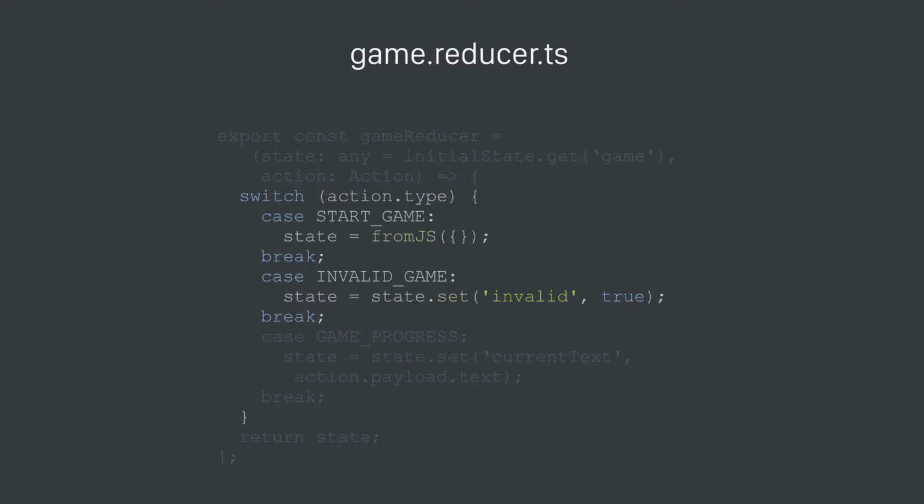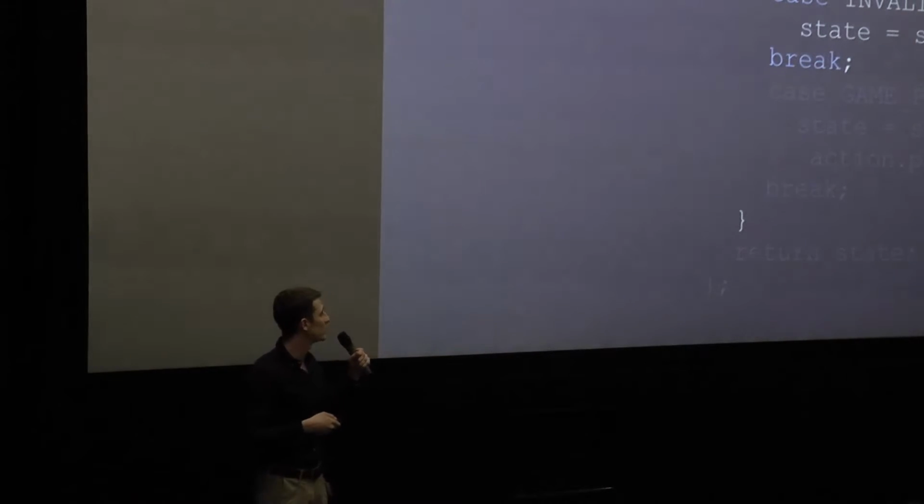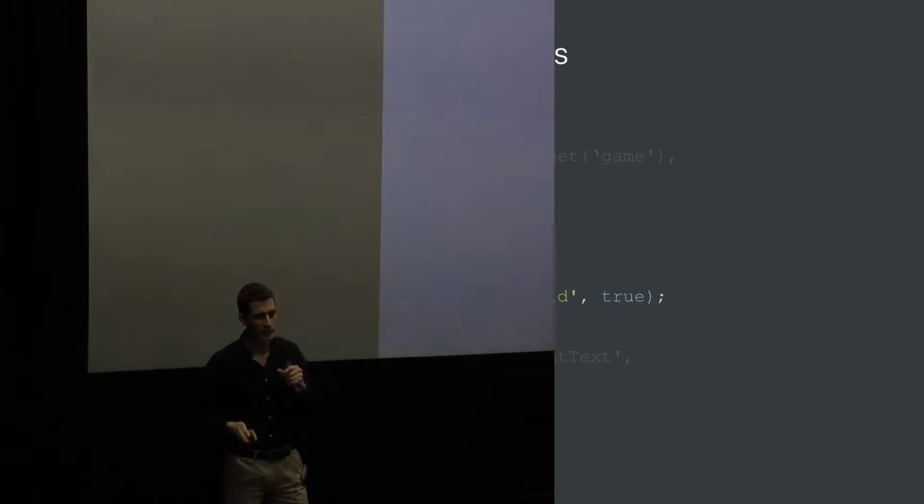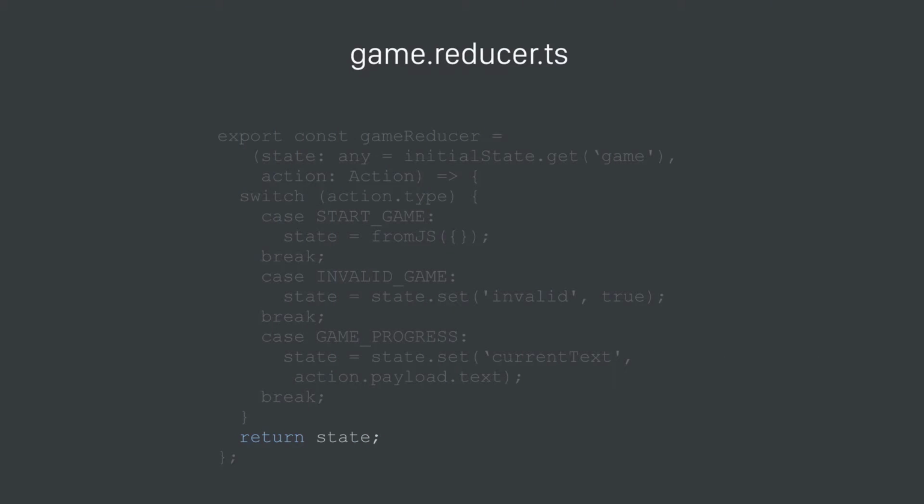Based on the action type and the action payload, we are performing some logic over the state. For instance, when we create a new game, we are just creating a new immutable object. When we receive an action that the game should be marked as invalid, we're just setting the invalid flag to true. And in the end, we're returning the store. And that's it.